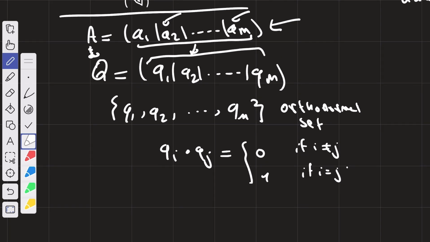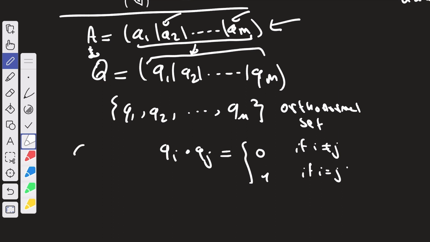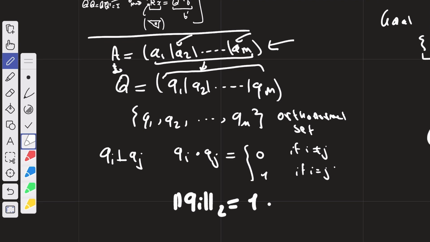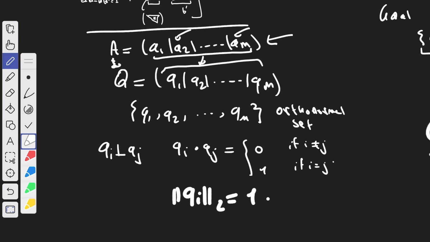It's just a set where every vector is orthogonal to one another, in the sense that if you take the dot product of any two of them, you get 0 unless you're dotting the vector with itself, in which case you get 1. Okay, and every vector is normalized.